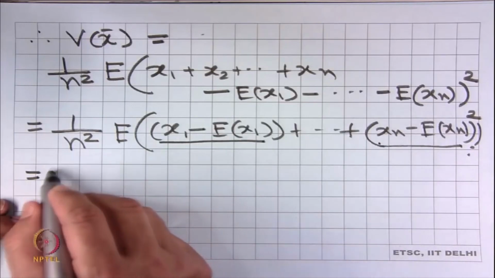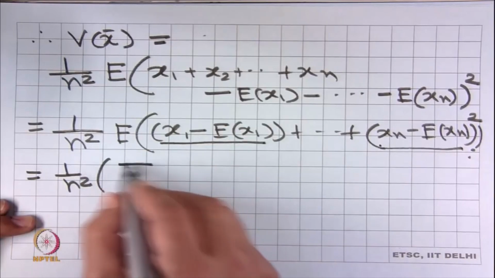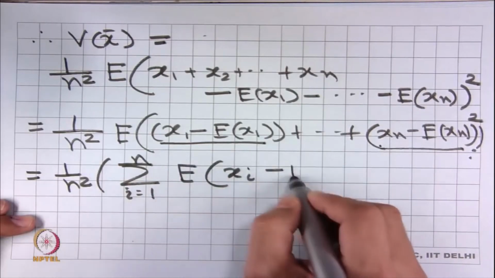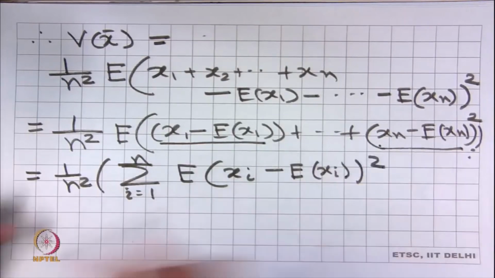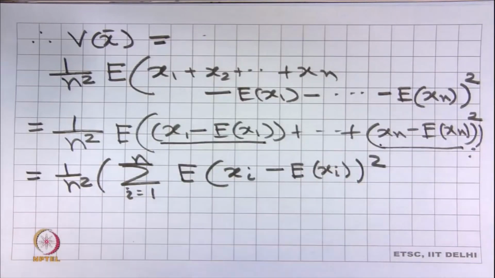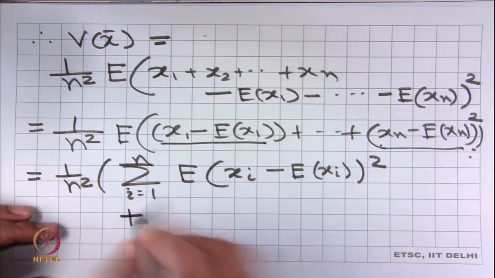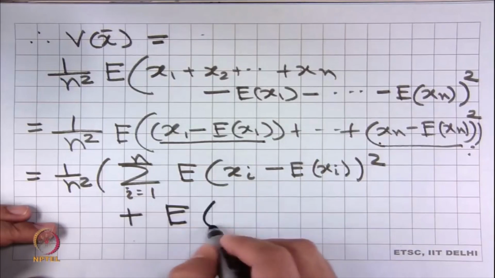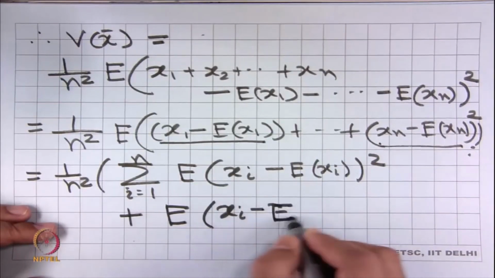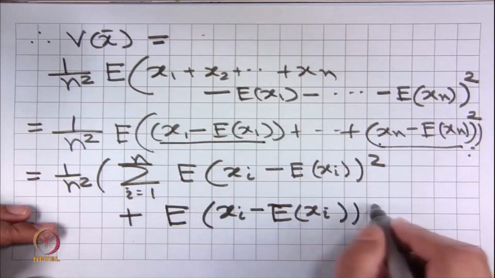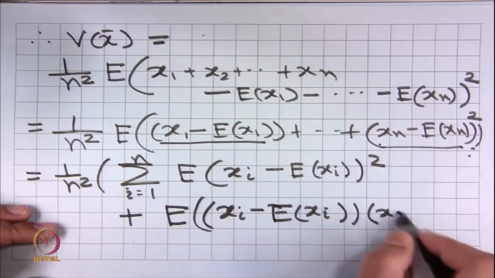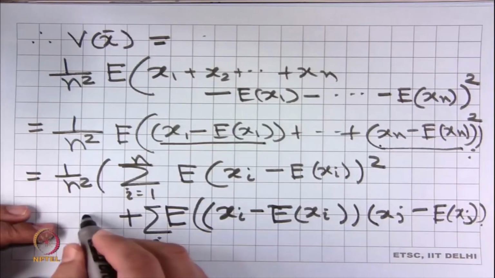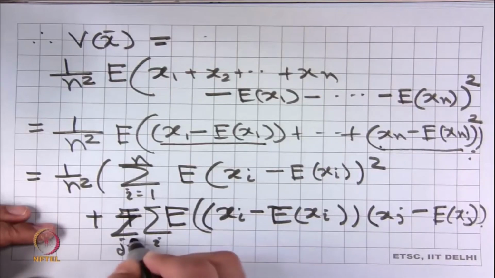This we can write as 1 upon n square into sigma i is equal to 1 to n expected value of x i minus expected value of x i whole square, because each individual term will be squared and contributed to the overall square, plus for each pair we are getting expected value of x i minus E x i into x j minus E x j, and this we are summing over all i and all j not equal to i.